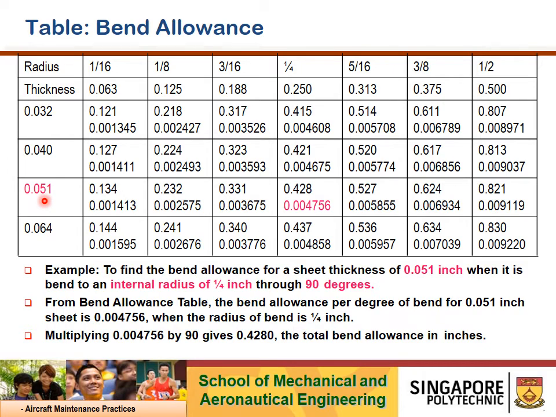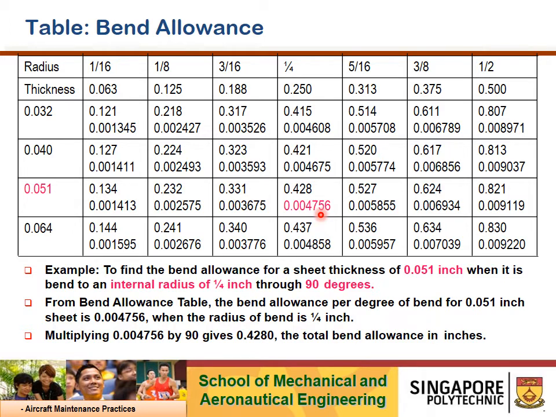In other words, if you have a 0.051 inch thickness, still the same radius, and you want to bend this sheet metal at 60 degrees instead of 90, what we will do is take this 0.004756 multiplied by 60 degrees. You will get the bend allowance required. So this is the bend allowance per degree.